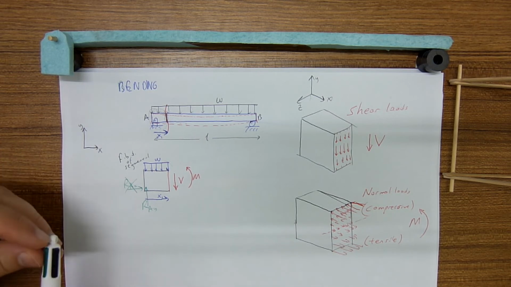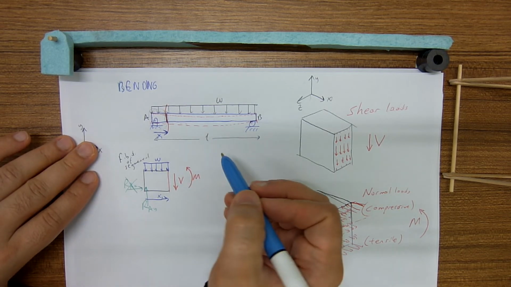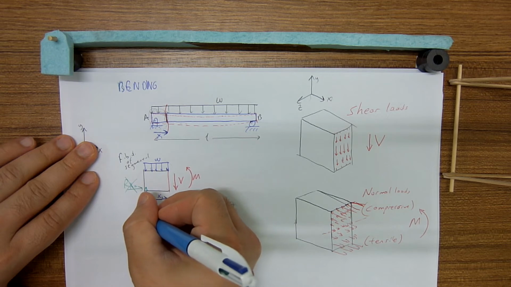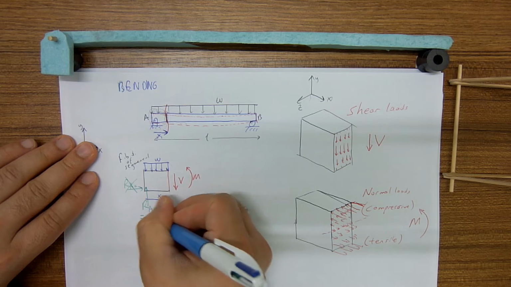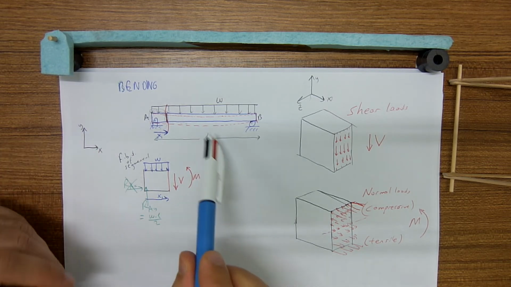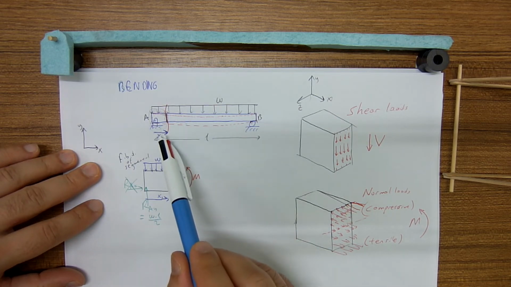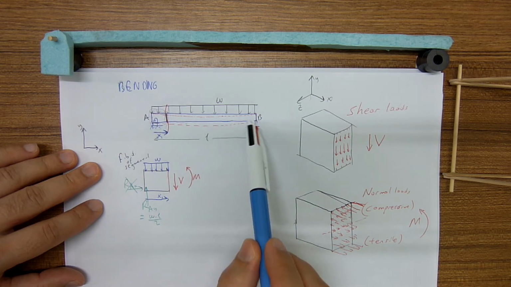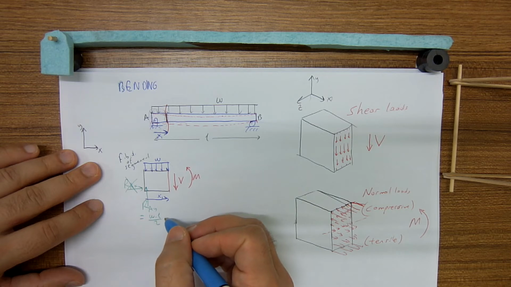By the way, RAY is equal to W times L over 2, because the distributed load is shared equally by the vertical reactions at A and B. Therefore RAY is W times L over 2.